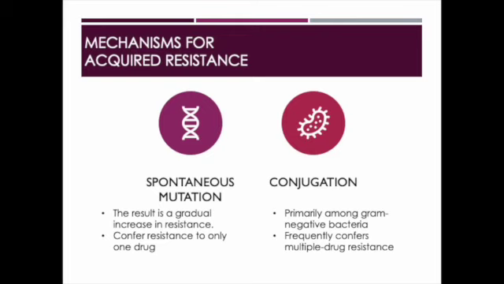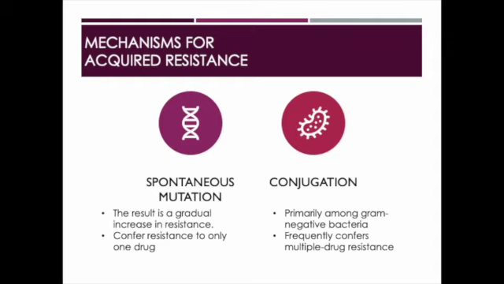Okay, so how does this resistance become acquired? The two mechanisms are spontaneous mutation or conjugation. Ultimately, all the alterations in structure and function that we've talked about can be changed in the microbial genome.